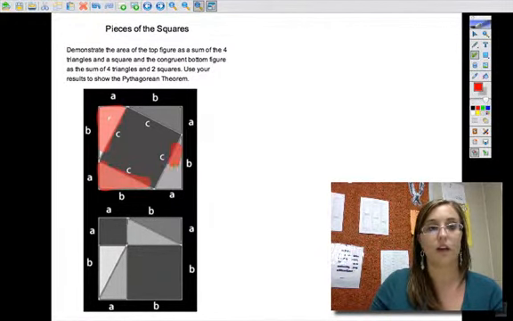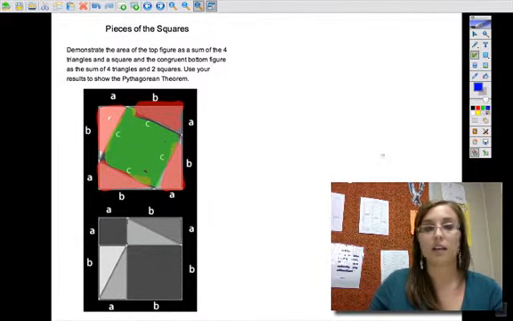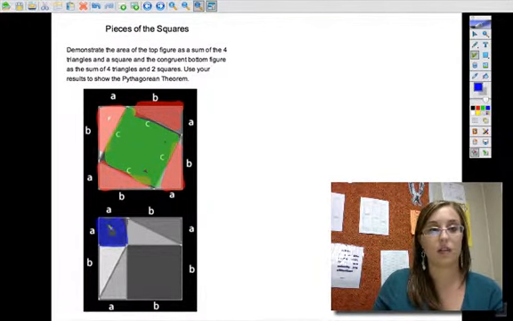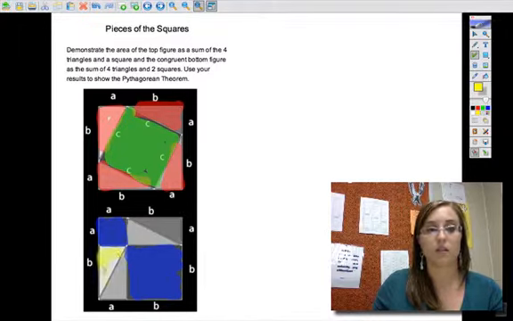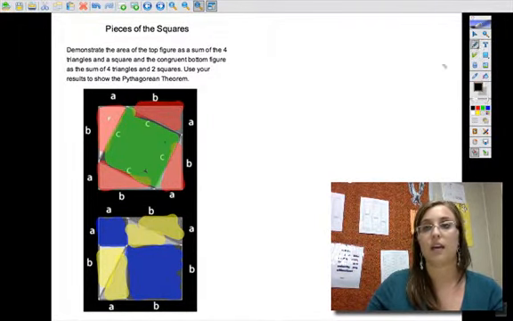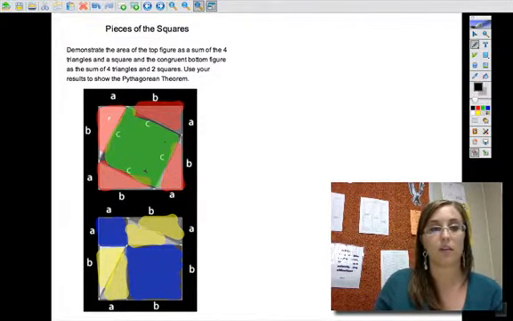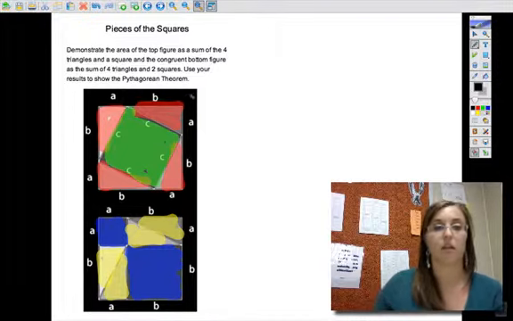So we're going to do the triangles, and we're going to do the square, okay? And then down here, we're going to do each individual section. We're going to do this square and this square, okay? And then we're going to do these triangles here, 1, 2, 3, 4. And we're going to set whatever we get for these ones equal to everything we get for this square, because the area of this square is the same as the area of this square.